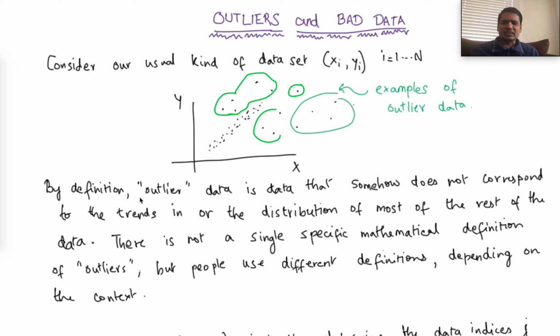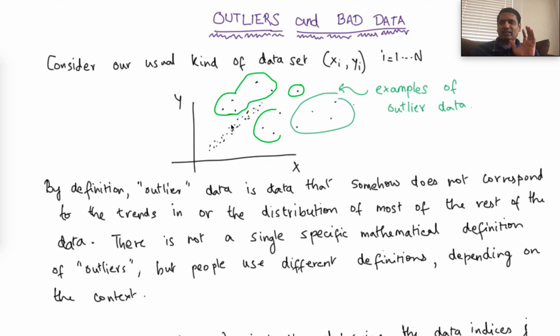So by definition, outlier data is data that somehow does not correspond to the trends in your data or the distribution of most of the rest of the data, right? So that's what we mean by an outlier. So it's sort of a subjective thing.